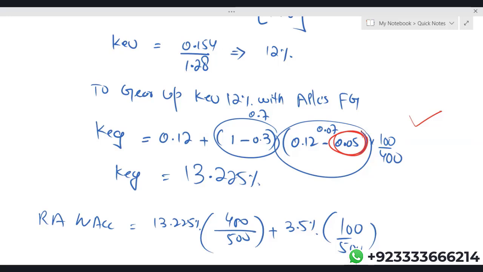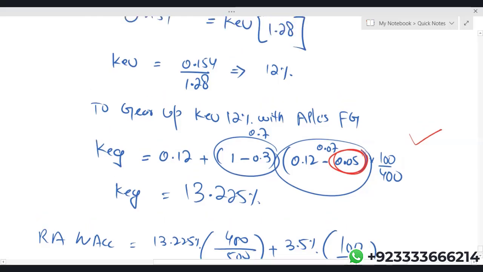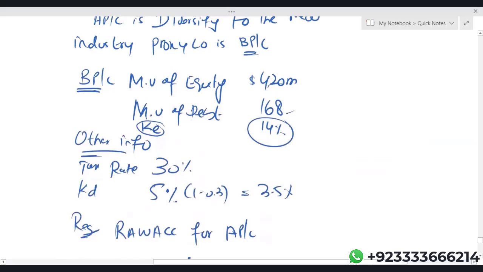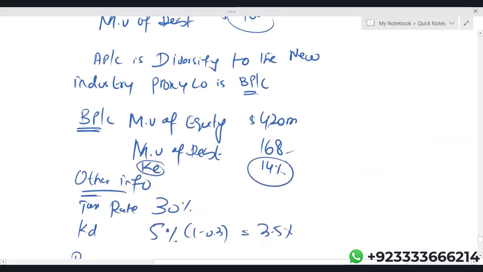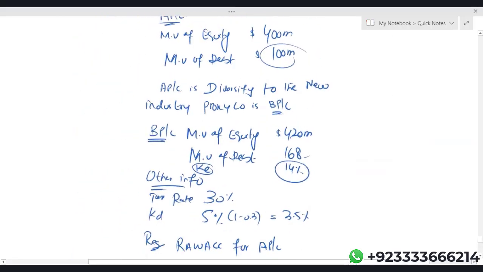It will leave a really good impression, I would say, if it comes in the exam and you're using the same KD and you do write this as well, that it is one of the assumptions of MM plus tax equation: while ungearing and gearing up, KD remains same. Let me take the picture of the data so that we can go for Excel. Just a minute.